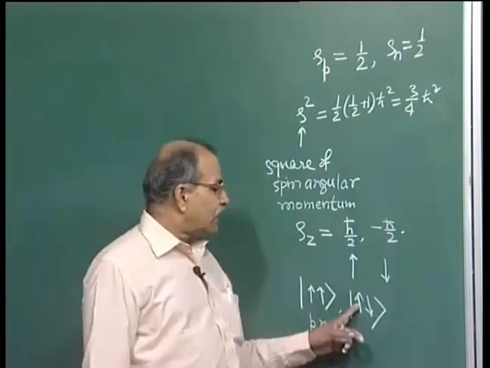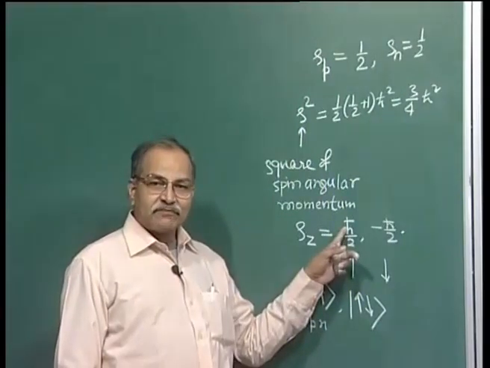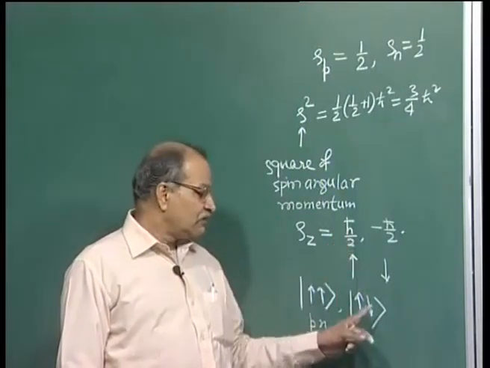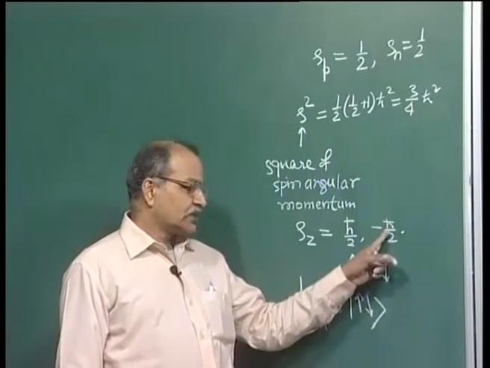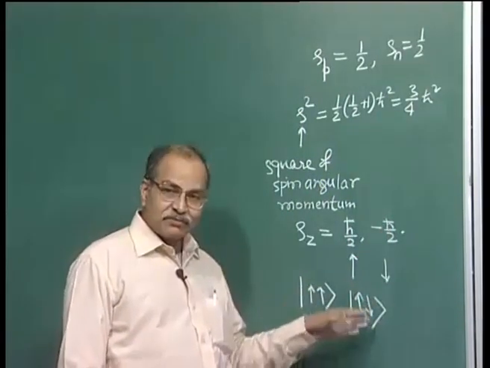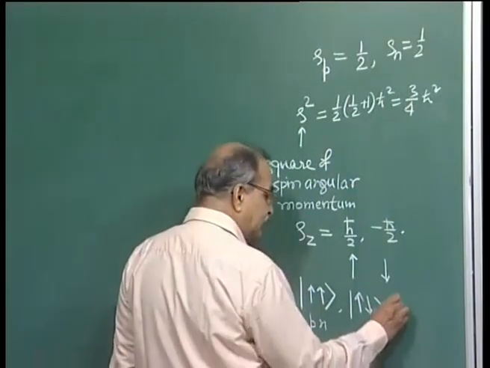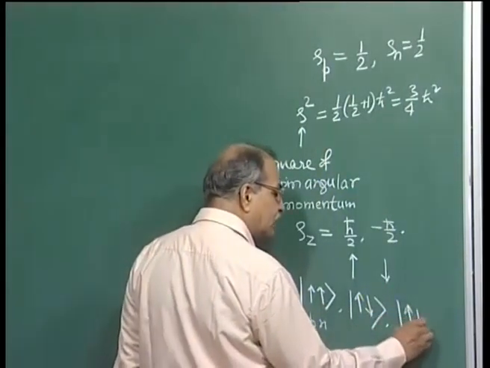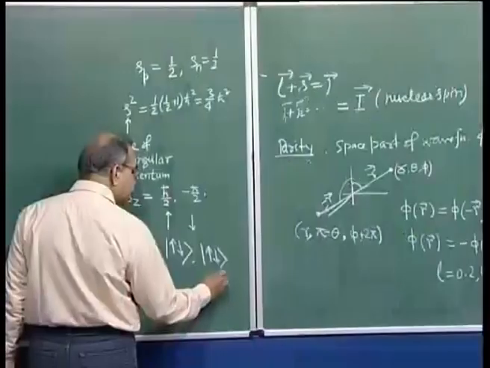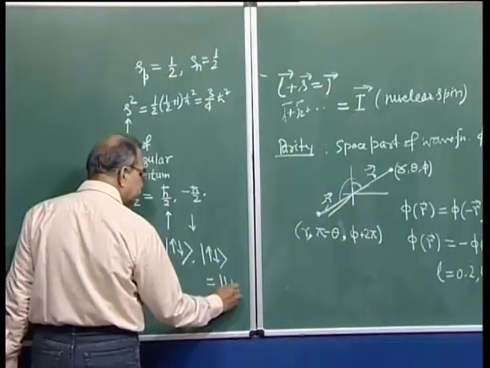Then you have another possible state where it is like this. So, proton has this z component of spin angular momentum, whereas neutron has minus h cross by 2, spin down. Call it spin up, spin down. Similarly, you can have a situation where this is up and this is down. You can have a situation where both are down.